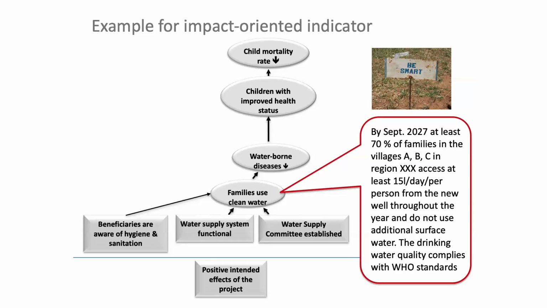We can already know that our strategy is not working as planned, and we need to think about what we need to do now. Are the opening hours of the new water stands perhaps impractical? Have people not understood their hygiene measures properly? Is a follow-up necessary? Or what is the reason why families are not using the clean water?